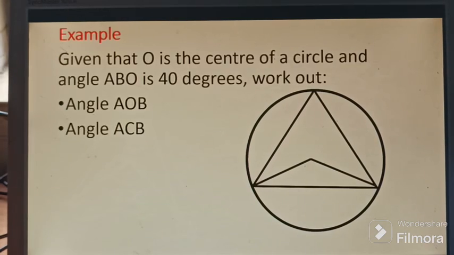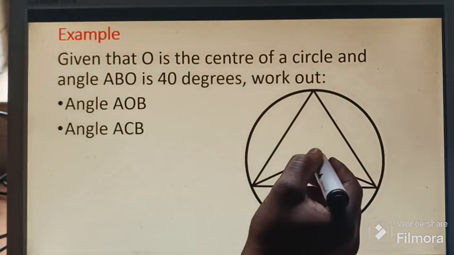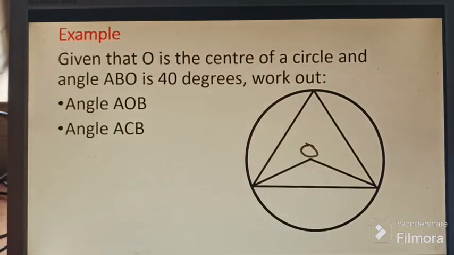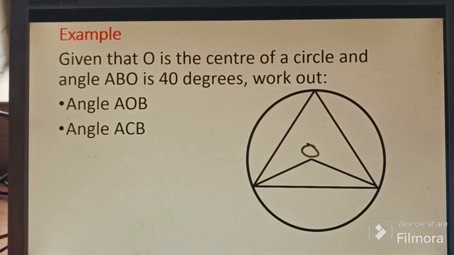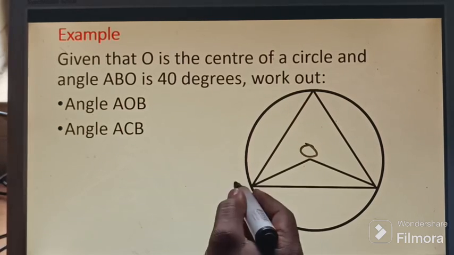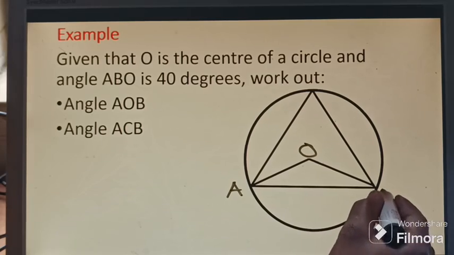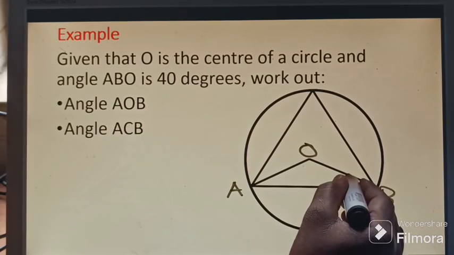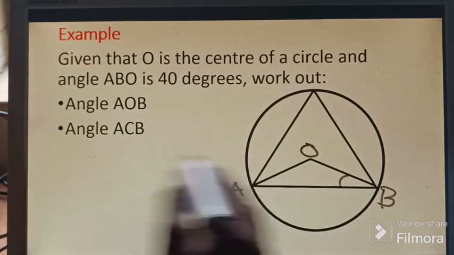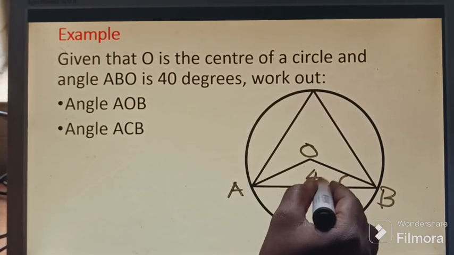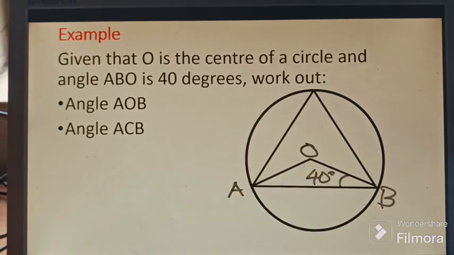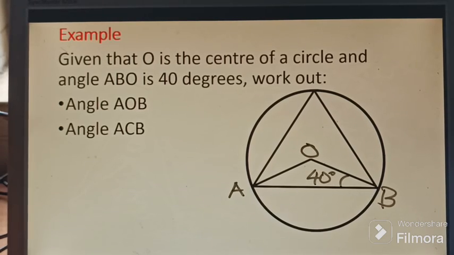Given that O is the center of a circle, and angle ABO, so this point is A and this one is B, is 40 degrees.